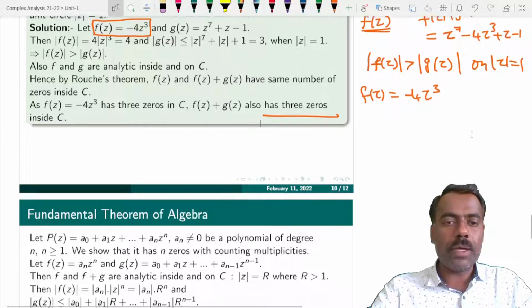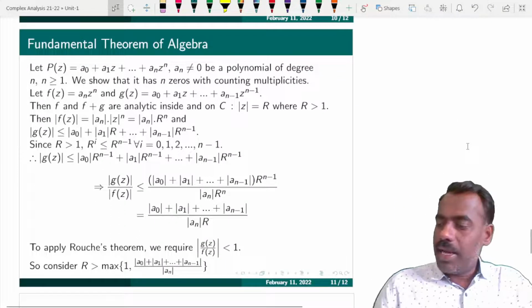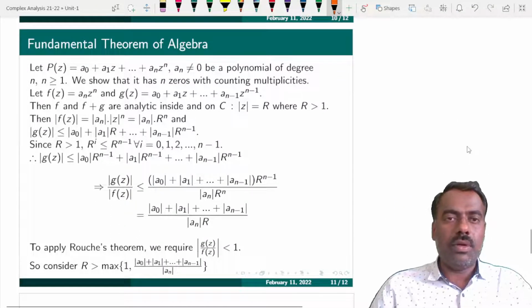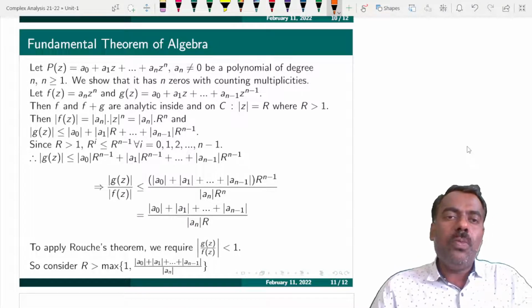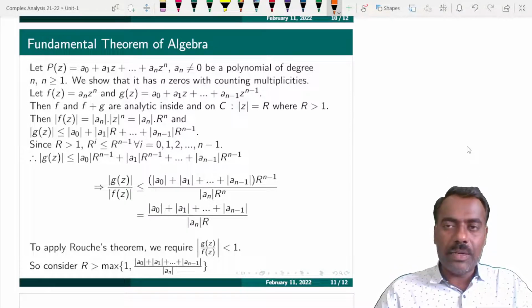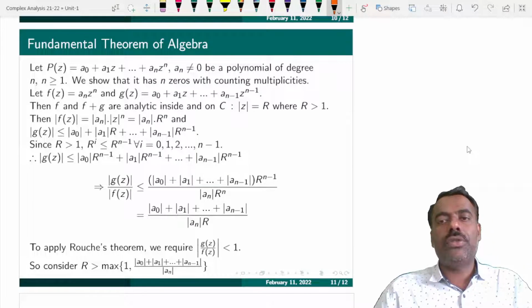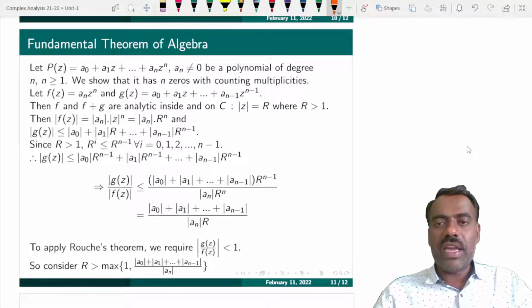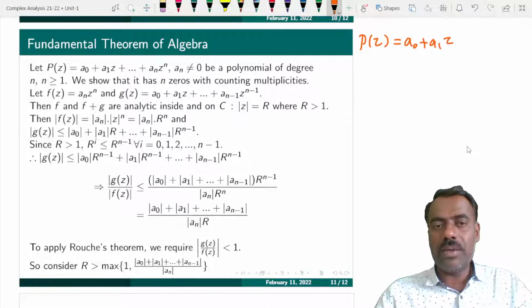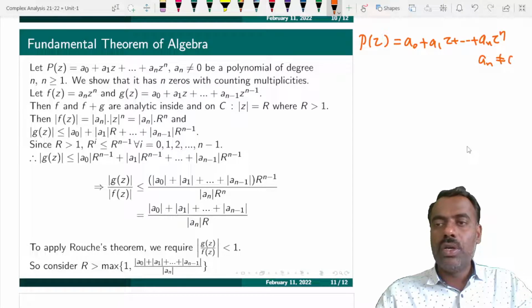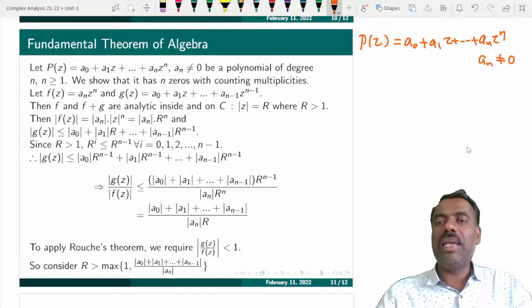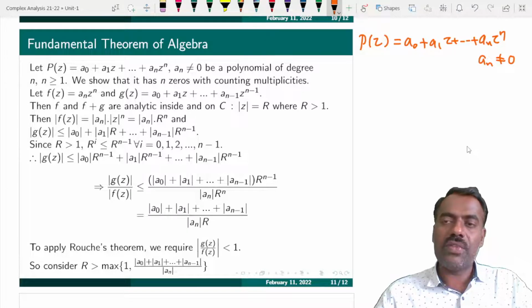As an application of this result, we can give a second proof of the fundamental theorem of algebra using Rouche's theorem. Take P of z equal to a naught plus a1 z and so on up to an z power n, where an is non-zero. We want to show that this polynomial has exactly n roots, with multiplicity.